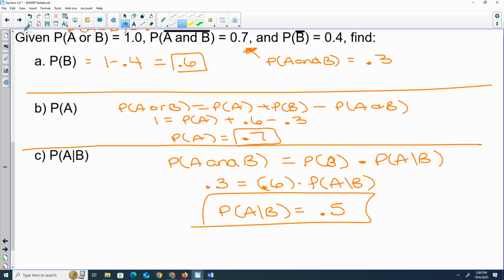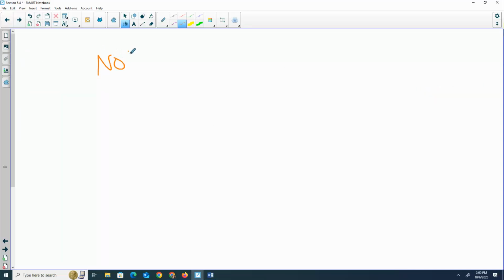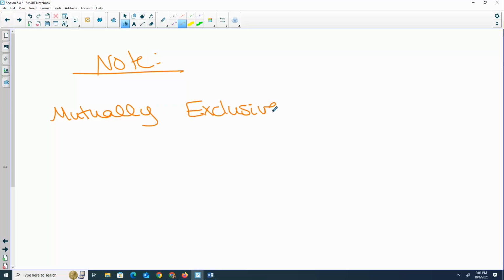Big things that I want to note before I stop for today. We have talked about two different concepts, mutually exclusive and independent. Mutually exclusive means they have nothing in common.